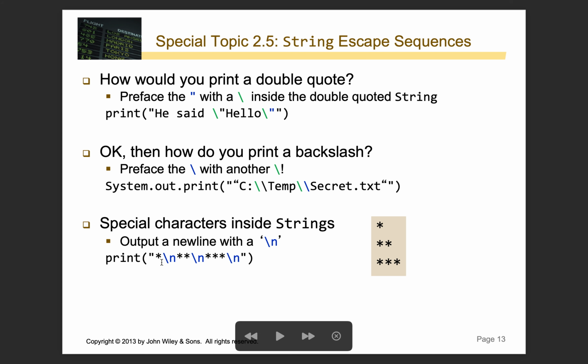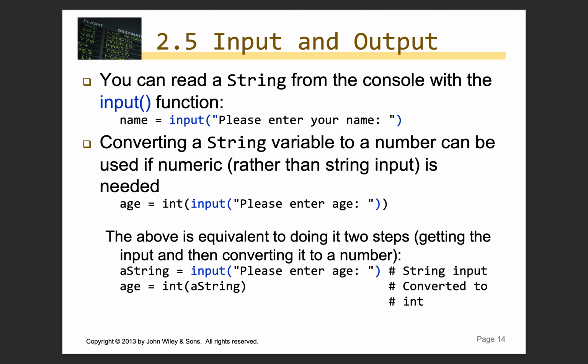So for the example here, we've opened up our string, we've got an asterisk, then we're saying start a new line, 2 more asterisks, start a new line, 3 more asterisks, start a new line, end the string. And that will print this picture on the right-hand side. These are very, very useful tips for formatting, and formatting is something that we're going to focus on near the end of this session.